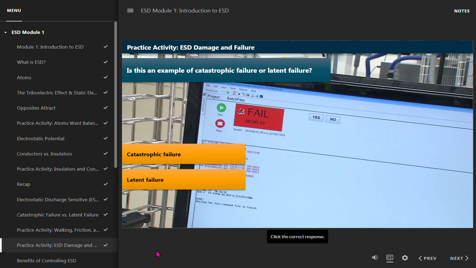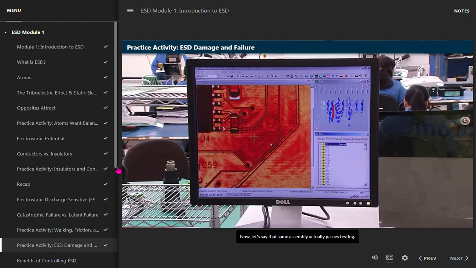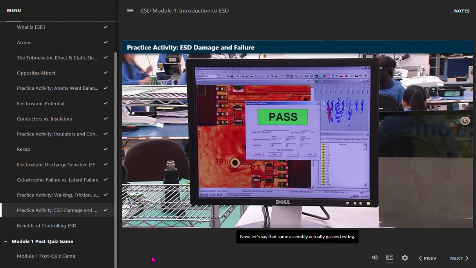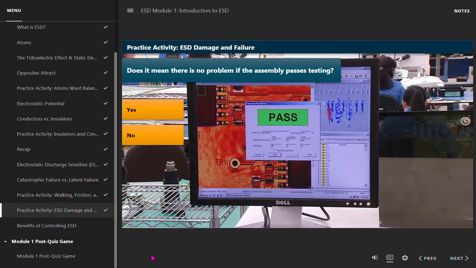Click the correct response. Now let's say that same assembly actually passes testing. Does that mean there is no problem? Click the correct response.